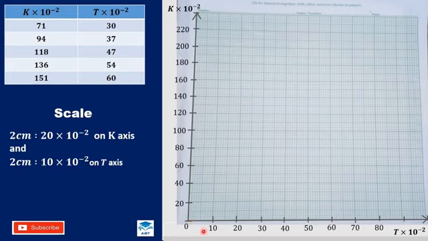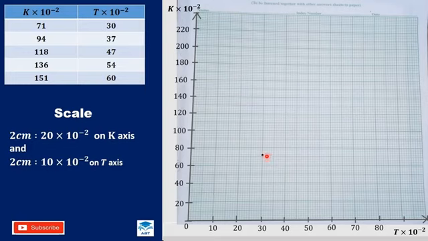So this should guide us to plot the values. For 71, between 60 and 80, we have 70 at the middle, and 71 will move to the next box. For the t, we have 30, so we put the point here.